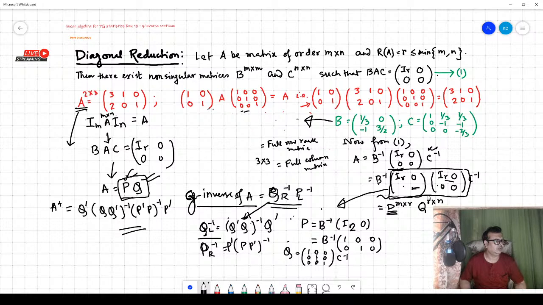So this is one of the constructional methods of G inverse and Moore-Penrose inverse. Theoretical portion I already discussed in my previous class. So this is the example of how to construct G inverse and Moore-Penrose inverse.